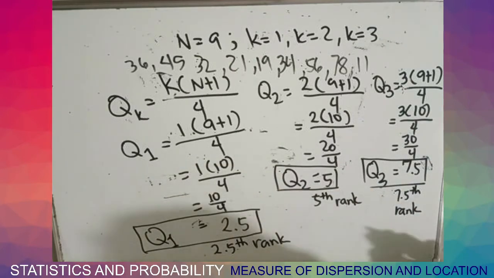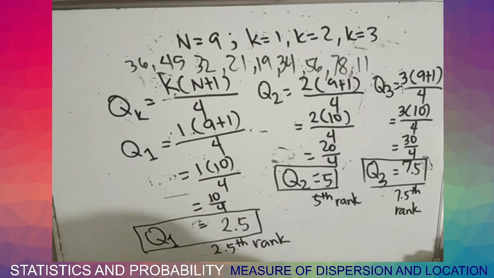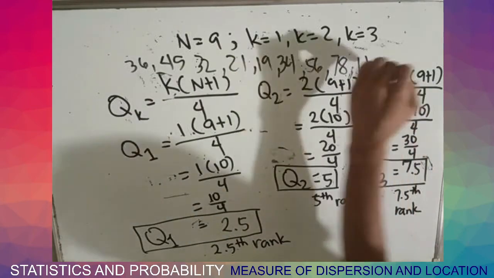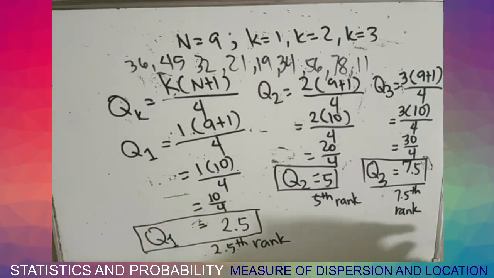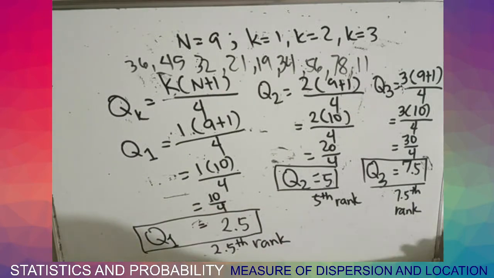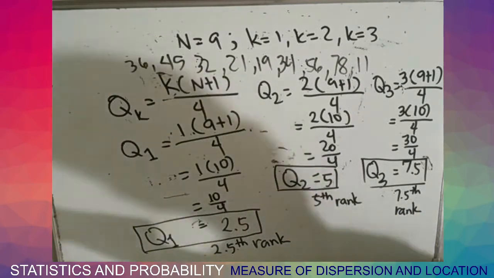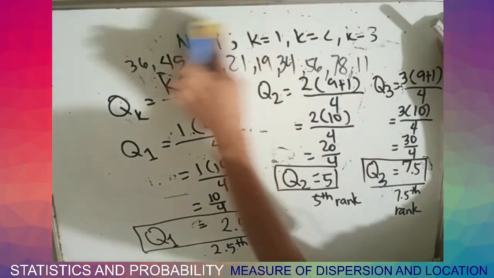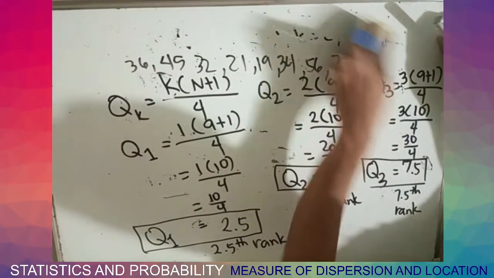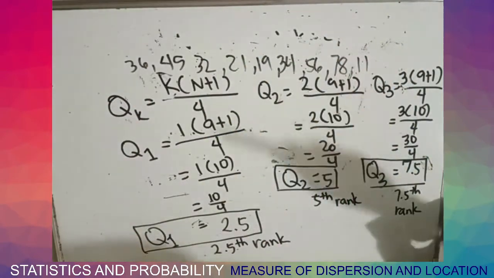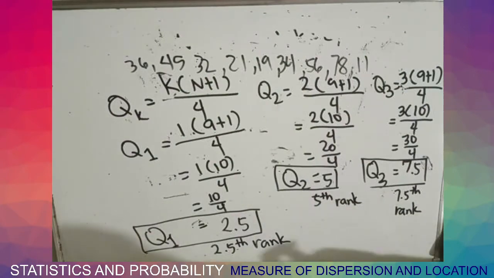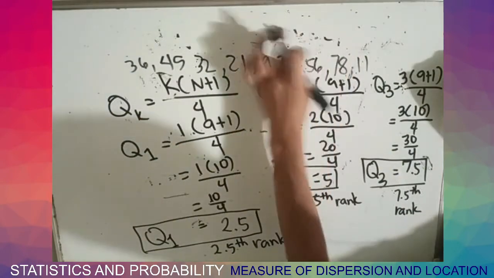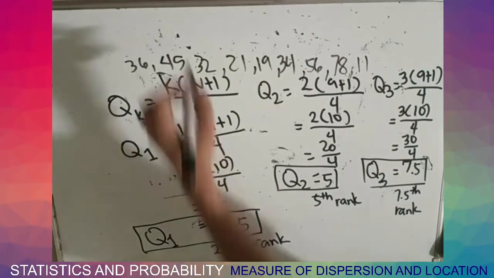Nakuha na natin yung rank value, so i-arrange natin yung data natin. So, nasolve na natin yung rank value. Tatandaan lang natin yung ating rank, so lagay natin dito sa taas para hindi natin malimutan. Naiintindihan ko kung paano magkuha ng rank value or quartile location.